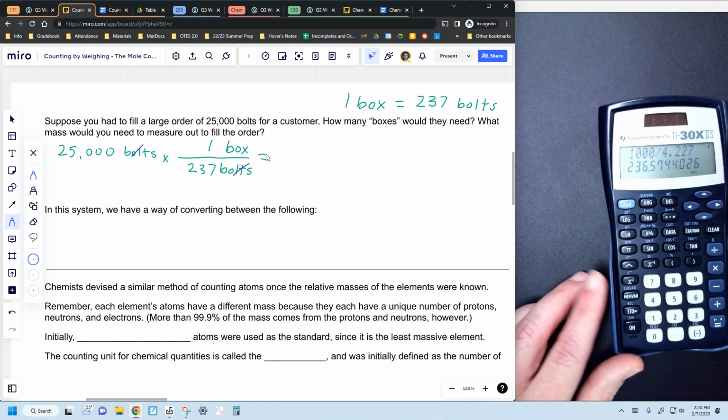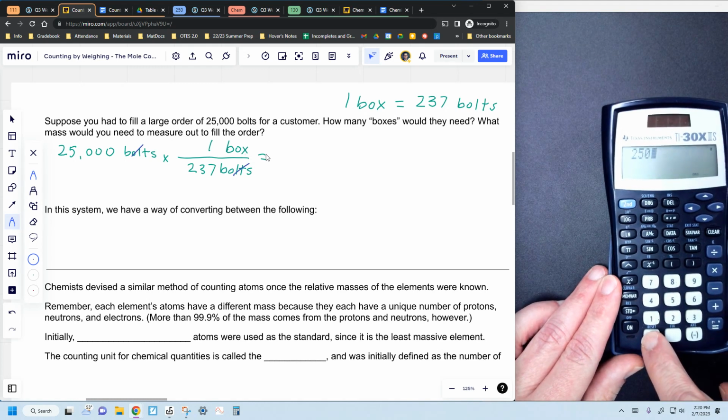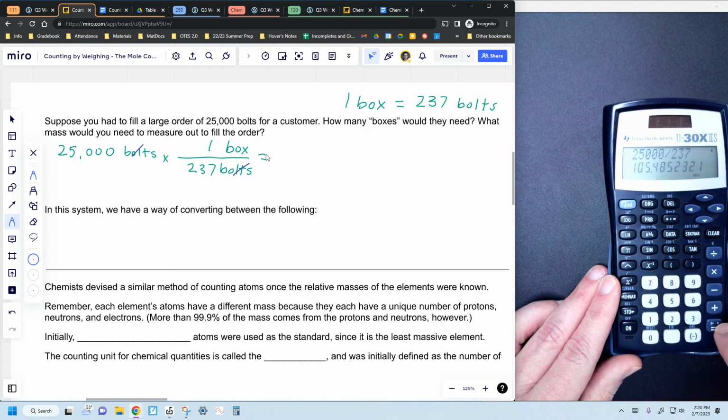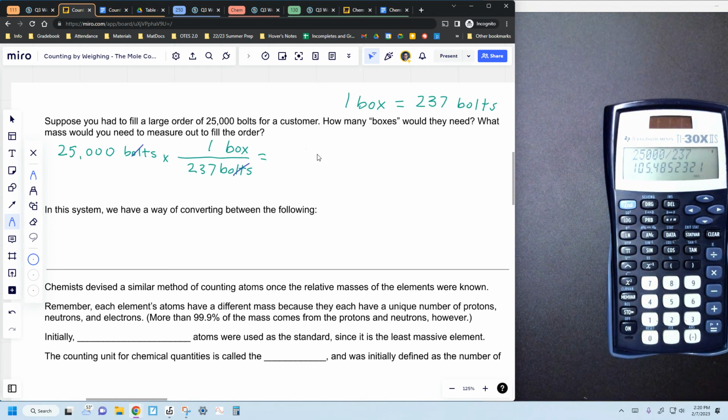Get that number. So 25,000 divided by 237 is roughly 105.5 boxes.